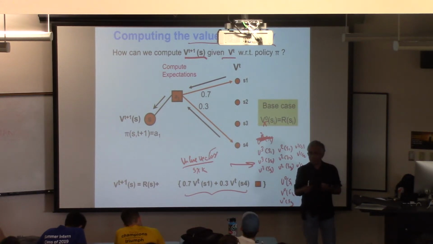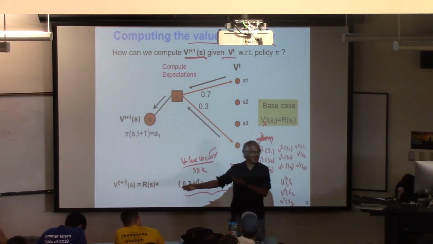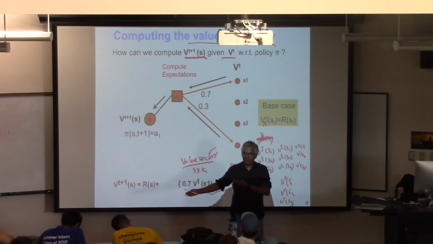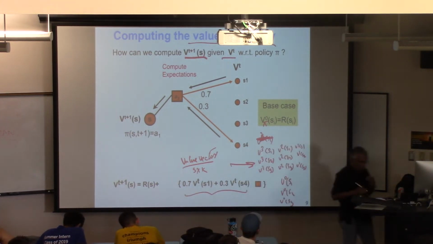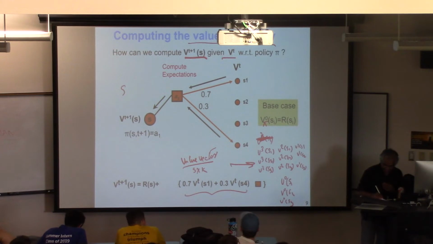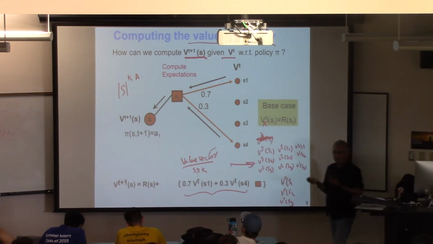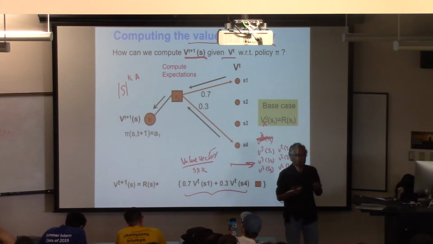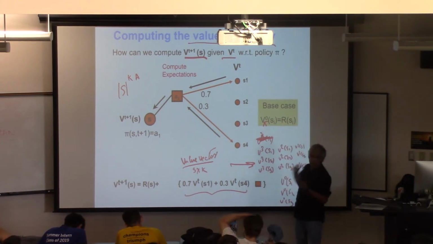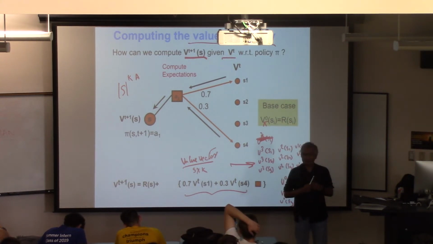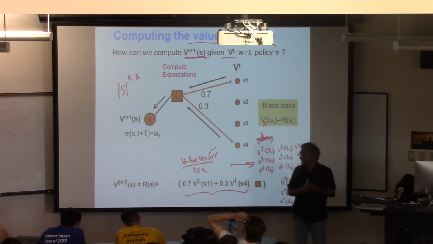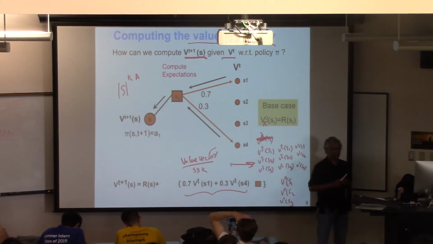The way you could figure this out is dream up another policy. Thankfully, there are no dearth of policies because there are S power K of them. So you can dream up until cows come home. And for each policy, you do this computation and compare the two vectors.